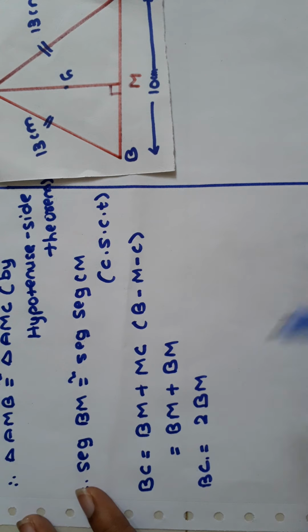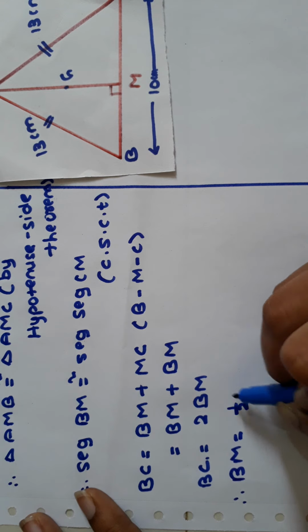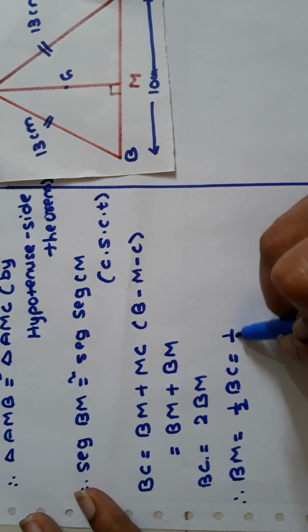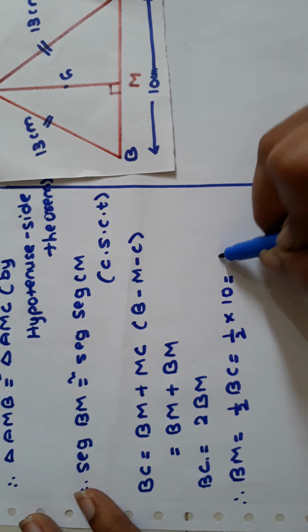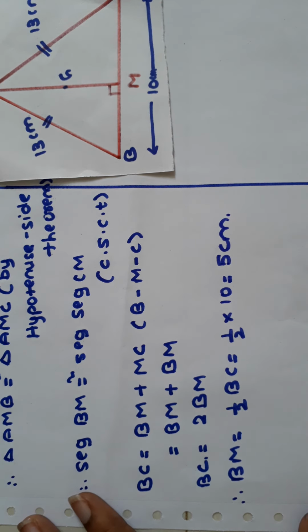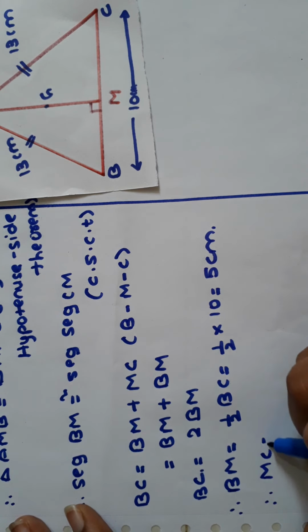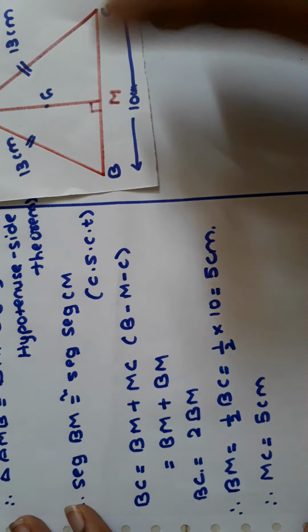BC is 2 times BM. So therefore, BM is half of BC, 5 centimeter. BM is 5 centimeter. So that means MC is also 5 centimeter.